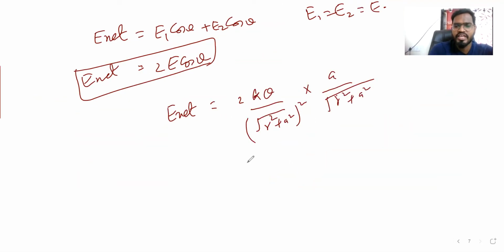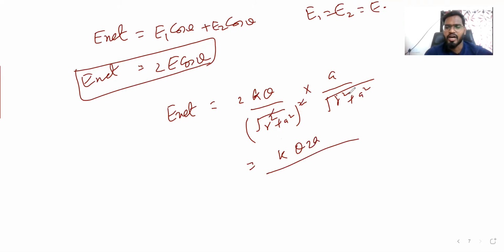So now we can say 2qa. Q into 2a is p, so let's write q into 2a first. Then this and this will get cancelled out: here the power is 1, here the power is half, and if you remove the root, it becomes r square plus a square to the power 3 by 2.